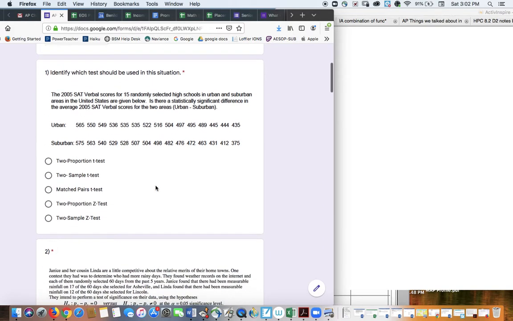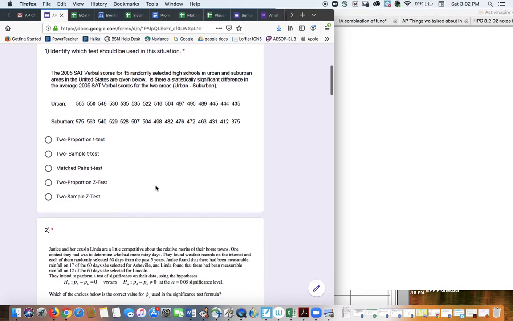All right, so the first question is identify which test would be used in this situation. I'm reading through the problem and I see the word average, so I definitely know that it's not a two proportion anything.